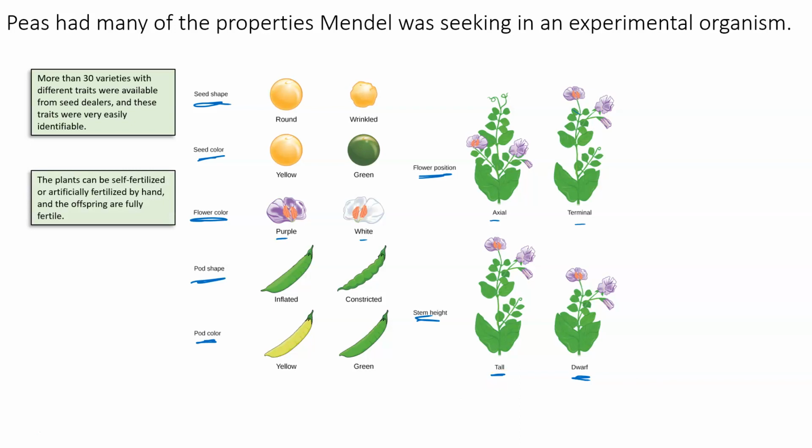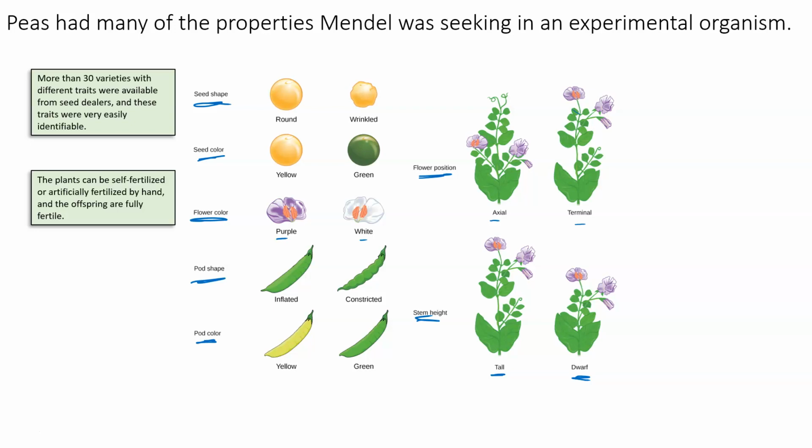And so he then needed to look at this organism, which checks off the box for possessing a variety of traits that are easily identifiable. But now, how viable are the crossing mechanisms, or the artificial fertilization protocols?